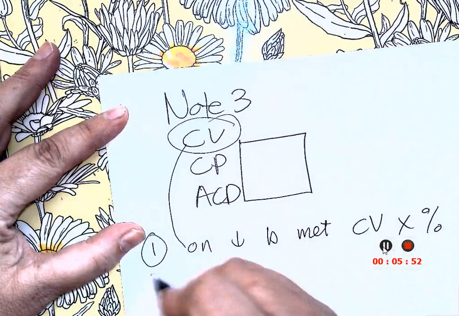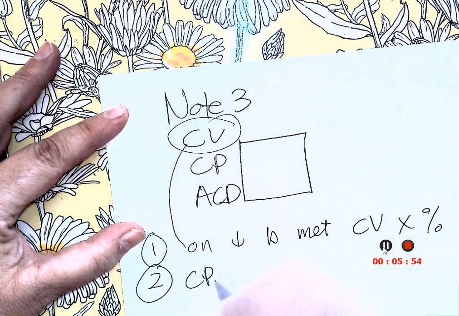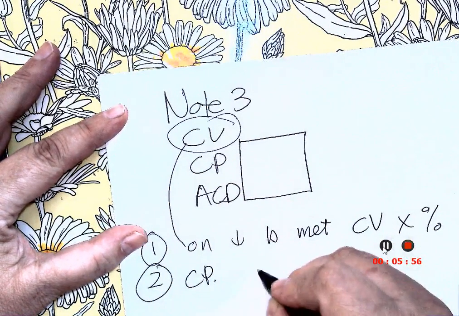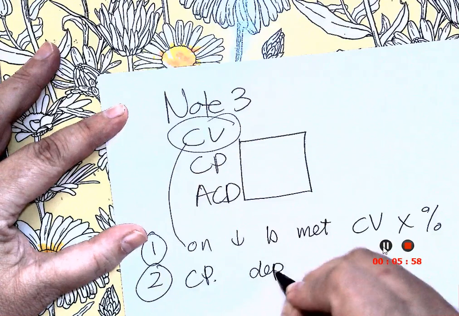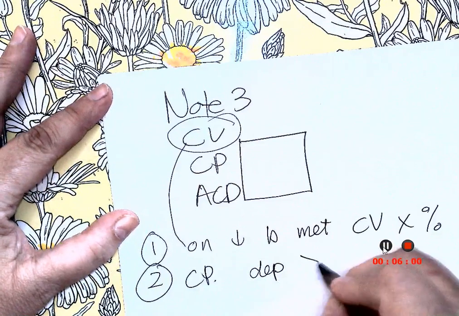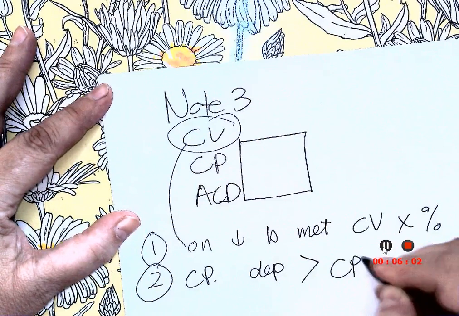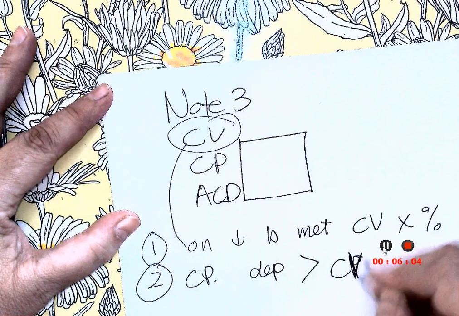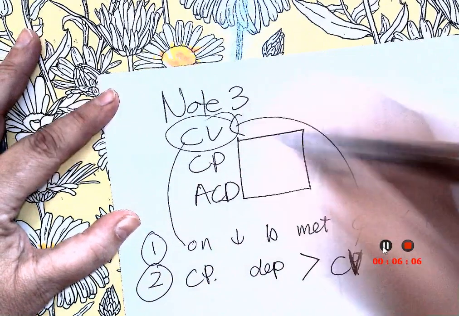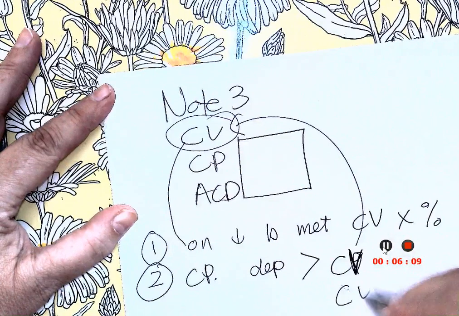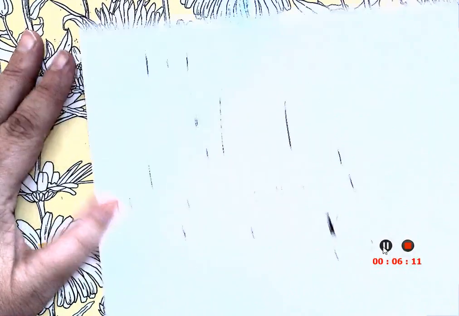If it's on the cost price method, I will go look at the depreciation that I calculated. If it's bigger than this carry value there, then I say carry value less 1. So that's your only 2 options.